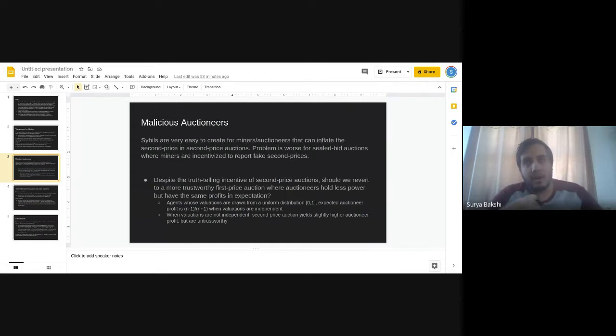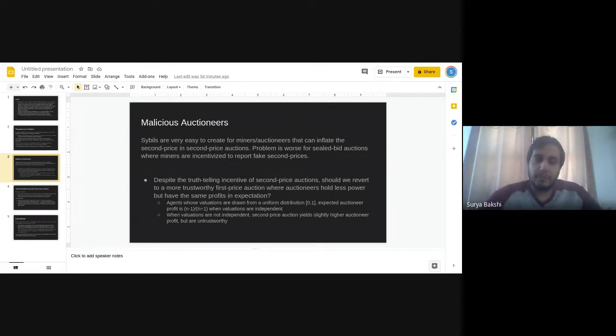And under certain cases, the argument can be made that, for example, imagining that all the bidders' valuations are drawn from a uniform distribution, one can say, okay, in expectation, both in first price and second price auctions, the miner will earn the same amount of money, right? But of course, that assumes that these valuations are independent, and if they're not, then of course second price will yield slightly higher auctioneer profit.